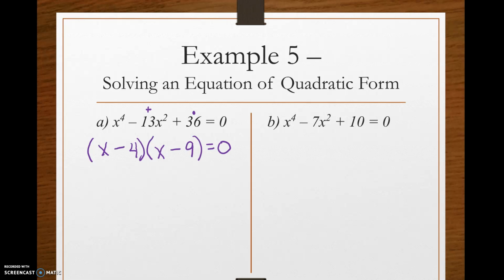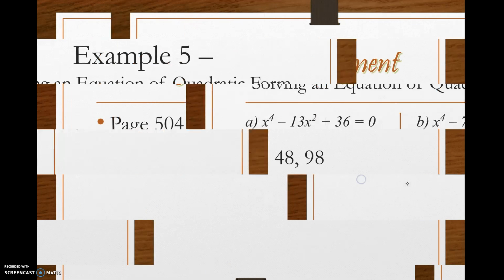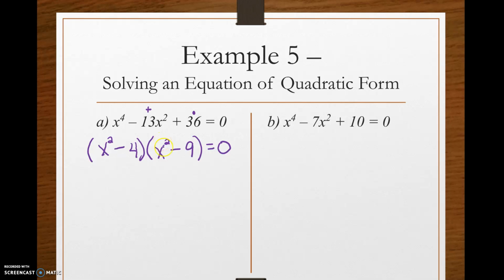The problem here, if I FOILed this out, x times x would give me x squared. We need it to give us x to the 4th. Anyone have any ideas what we could do? If we made both of them x squared, we fix that problem. X squared times x squared is x to the 4th.